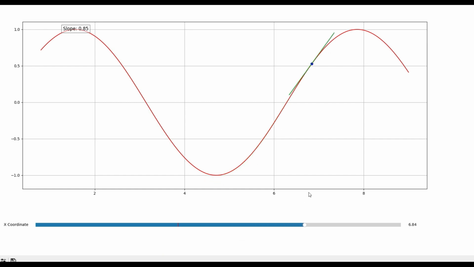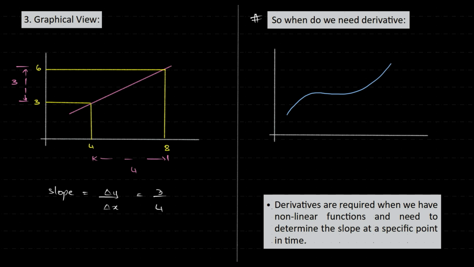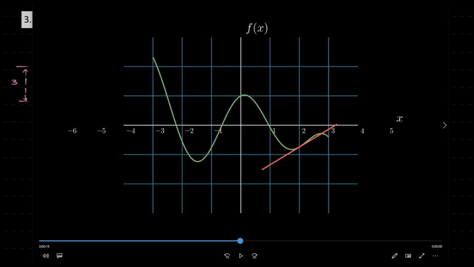It's not a fixed slope. While in a single line, you take any two distinct points, the slope will remain the same. But here it's not so. Here the slope, say at this point, would be something like this, and here the slope will be something like this, and we saw the animation, right? So here we can see that the slopes are different at different points.